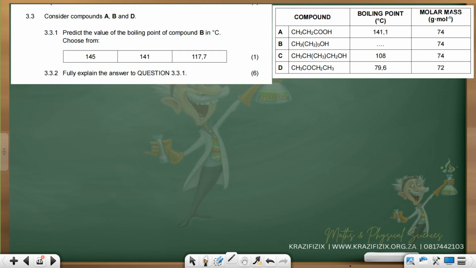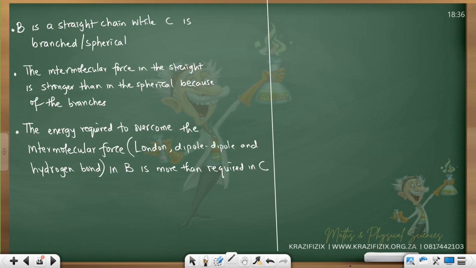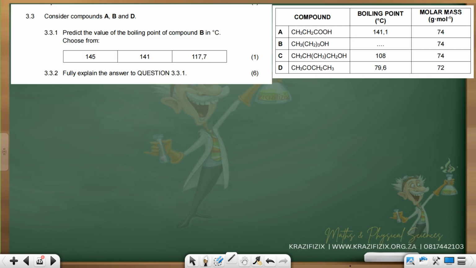All right. I'm seeing a 6 marks here, but let's see. Compare A, B, and D. Okay, 3 things. Predict the value of the... Okay, what is A? A is carboxylic acid.